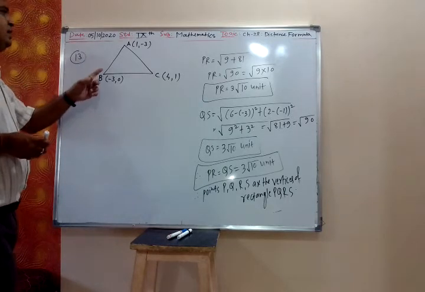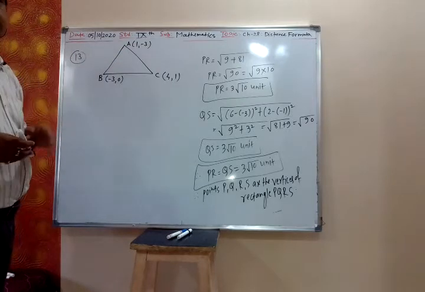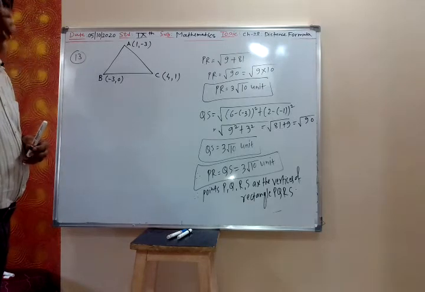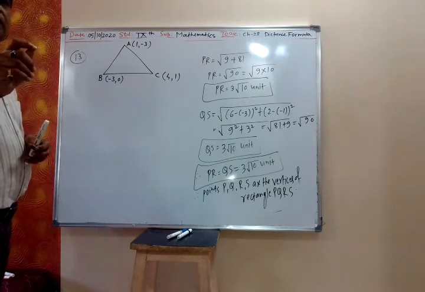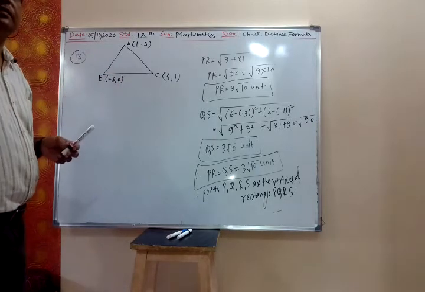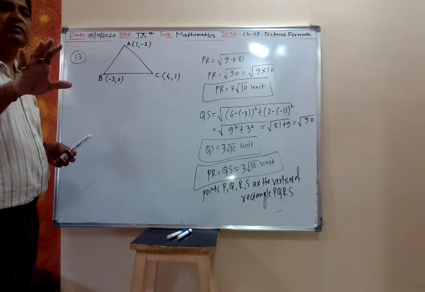So first you prove that triangle ABC is an isosceles triangle. Then to prove that it is a right angle isosceles triangle, we show that this triangle satisfies Pythagoras theorem.